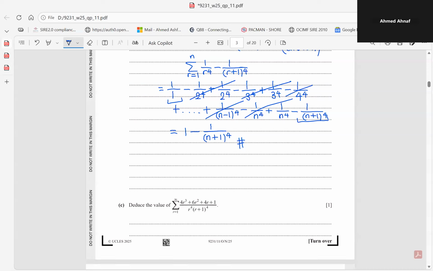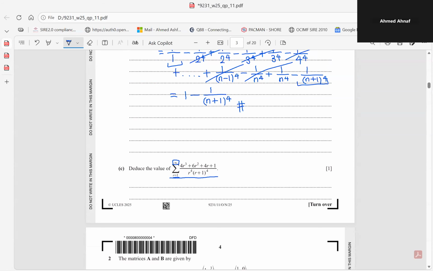For the last part, we're told to deduce the value of the summation from r equals 1 all the way to infinity. This is just another way of asking us to find the limit as n approaches infinity of 1 minus 1 over (n plus 1) to the power 4.